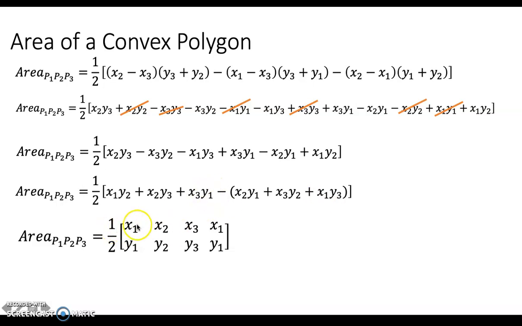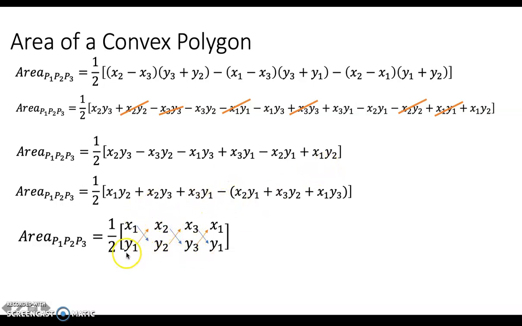So if we want to get the determinant of this particular matrix, then we could just simply get the product down. What are the product down? X sub 1 times y sub 2, which is this term. X sub 2 times y sub 3, which is this term. X sub 3 times y sub 1, which is this term. And then product up. What's the product up?